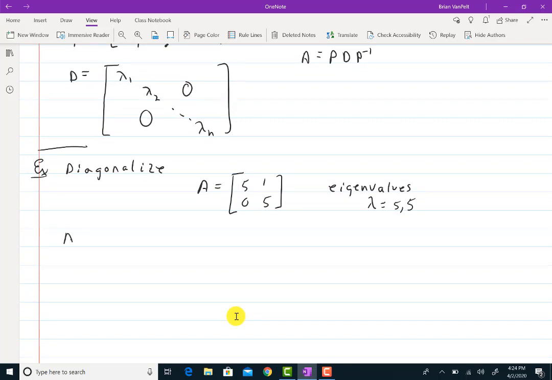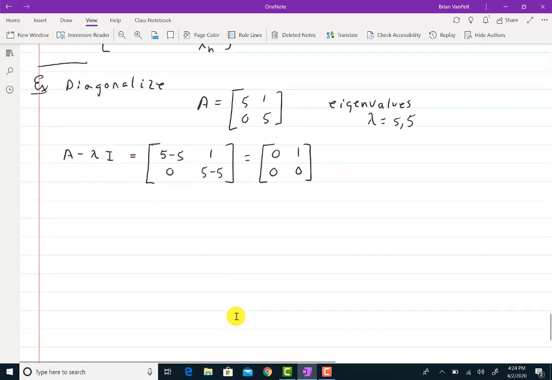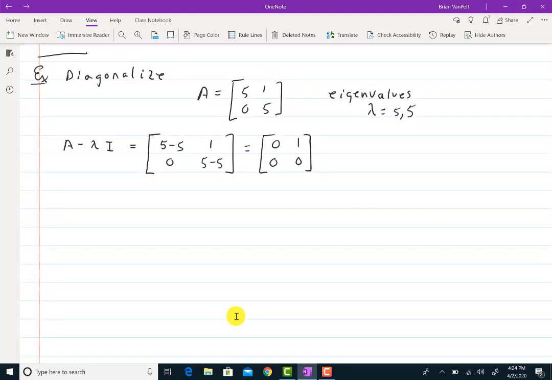So we already know how to find these things. Now, if I do A minus lambda I, that's going to equal 5 minus 5 is 0, 1, 5 minus 5. Something like this. Then if I want to find the null space of A minus lambda I, we usually solve a matrix like this.